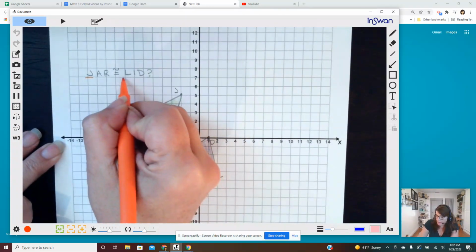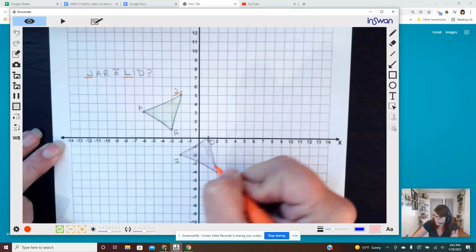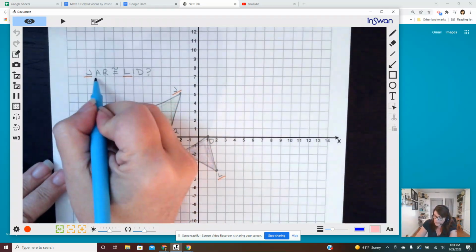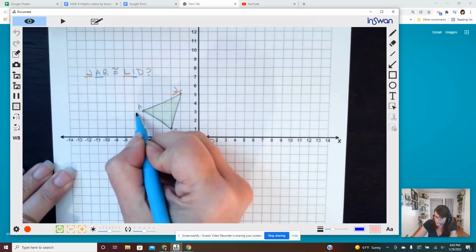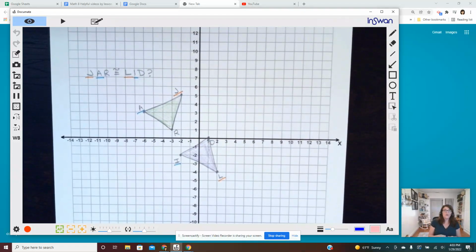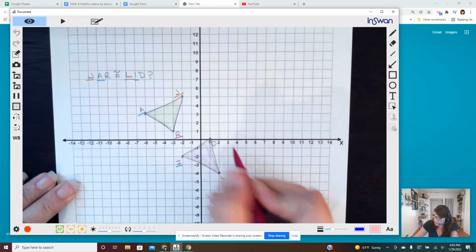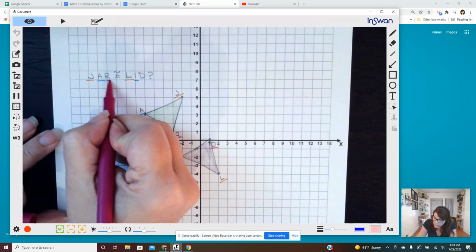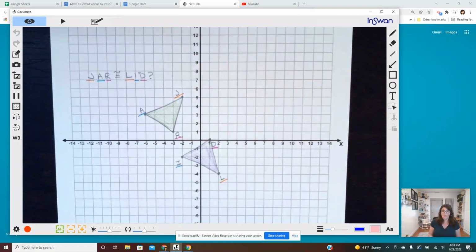Does J go to L following the same motions that would move A to I, following the same motions that would move R to D? So that's what I mean when I say those have to be corresponding.